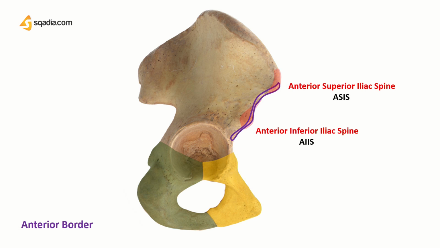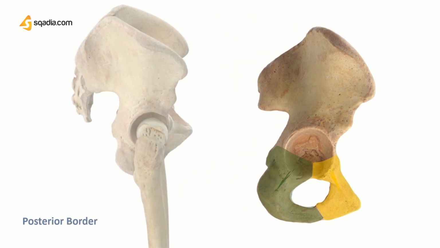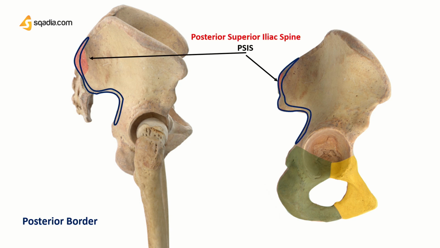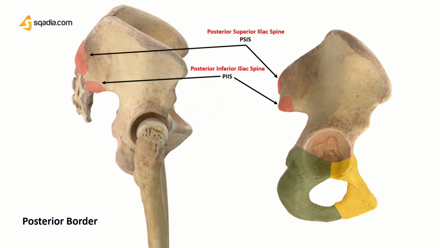One is the anterior superior iliac spine, and then we have the anterior inferior iliac spine on this anterior border. The posterior border starts at the posterior superior iliac spine. As you trace down, there is the posterior inferior iliac spine, followed by a deep notch, which is known as the greater sciatic notch.